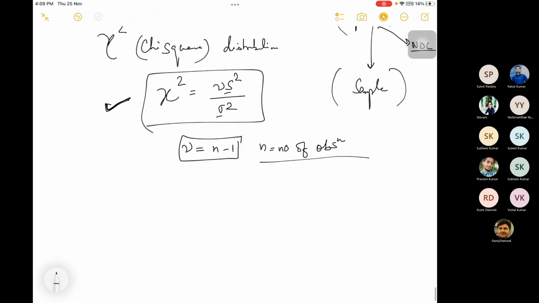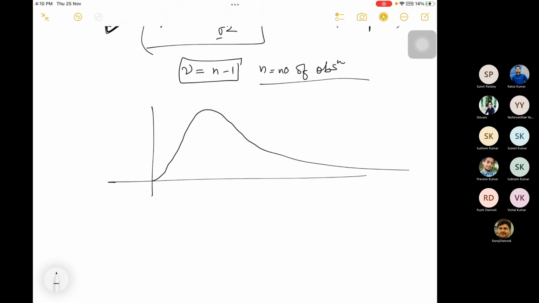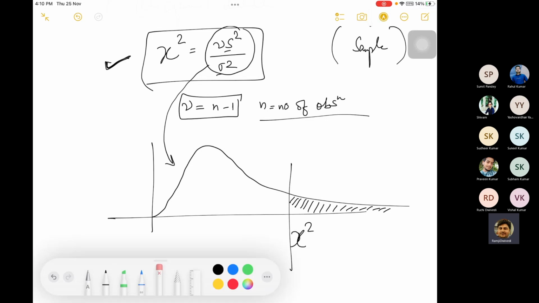Okay. How this curve would look is a little asymmetric, and this is a critical value where we do not want any observation in this particular region. Please remember, this representation is not x, it is chi square.